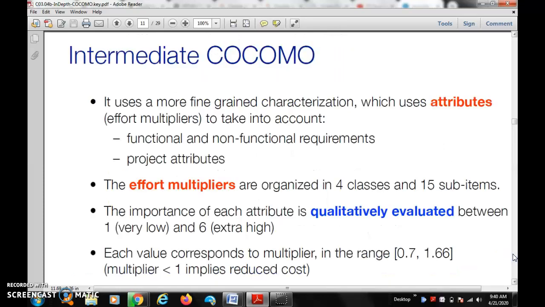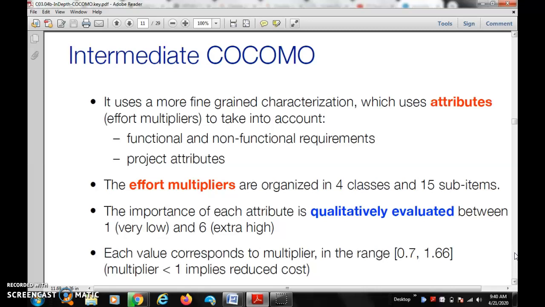Here, intermediate COCOMO, that is COCOMO 2, uses more fine-grained characterizations, which use attributes to take into account the functional requirements and project attributes. The effort multipliers are organized in 4 classes and 15 sub-items. The importance of each attribute is qualitatively evaluated between 1 and 6. 1 is very low, and 6 is very high.